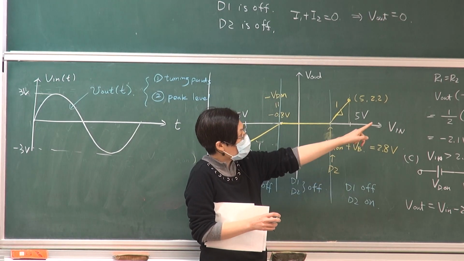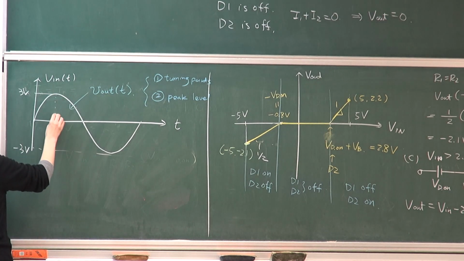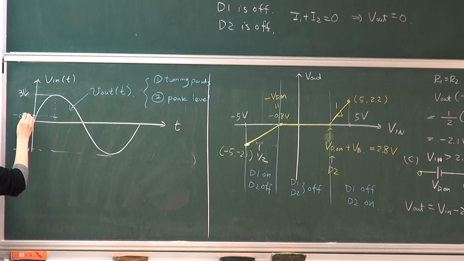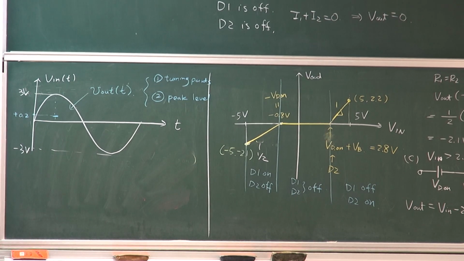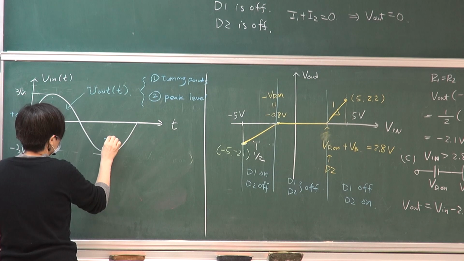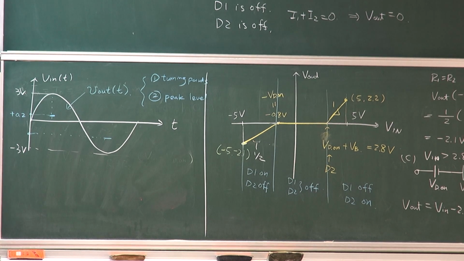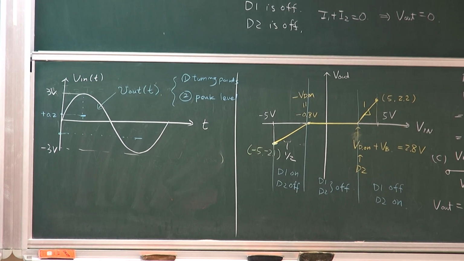In zone 3, entering that will give me a level. Well, actually, at this particular level, it will be only 0.2. When my peak level in the positive range is 0.2, and the negative range, you can calculate that on your own. You can actually calculate your minimum point. When I'm at minus 3, I should also get a minimum level using the equation that was established on the top. Right? So once you have these levels, you should be able to get a curve.